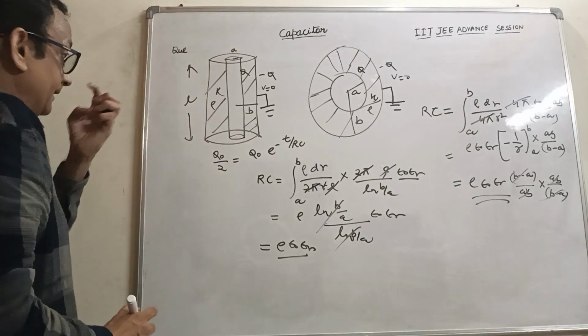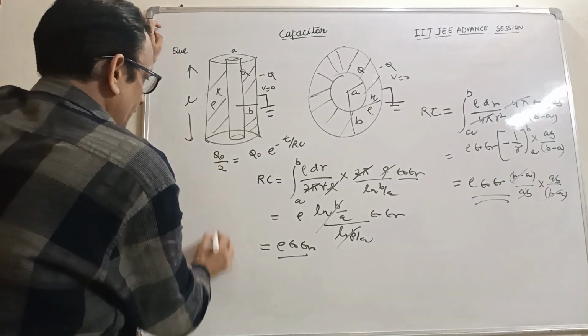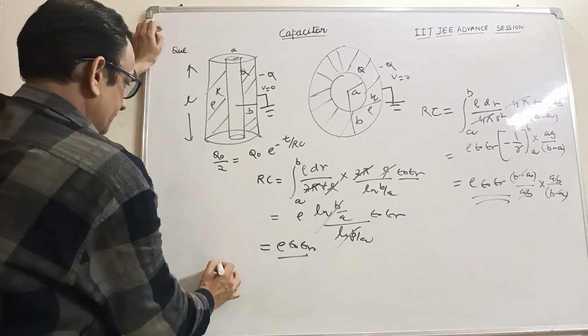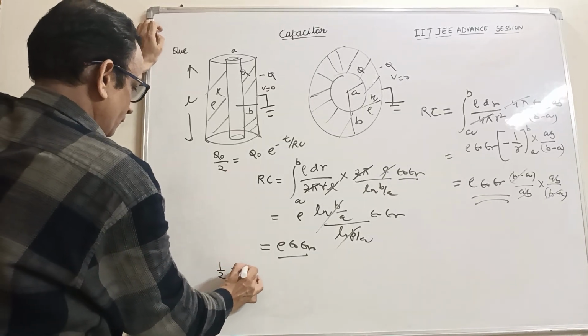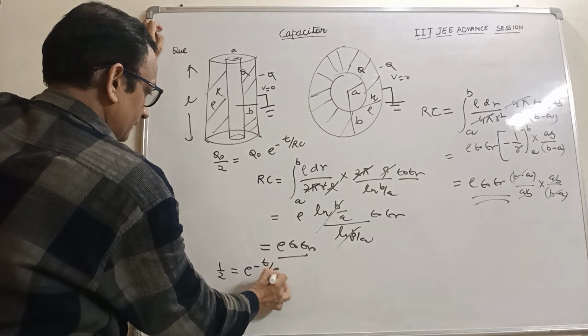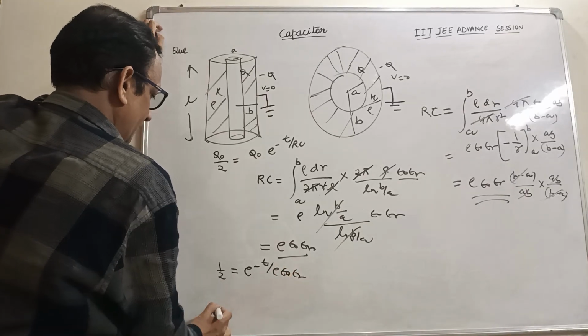So we have to find the time here. Put the value q by 2, so this becomes 1 by 2 equals e raised to the power minus t over the constant, which is rho epsilon r epsilon naught epsilon r.